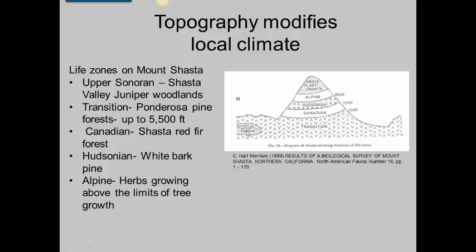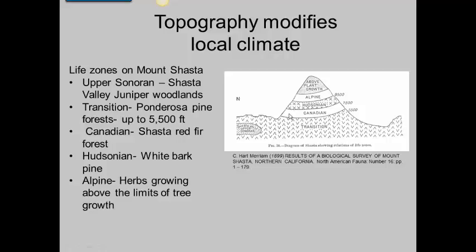So this is kind of a high desert life zone, up in elevation to a transition forest, which is sort of like our typical mixed conifer forest dominated by ponderosa pine. And according to Merriam, that went up to about 5,500 feet on Shasta.